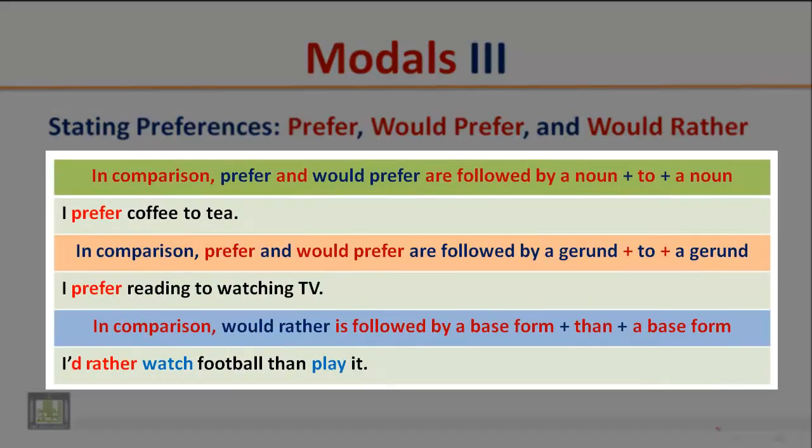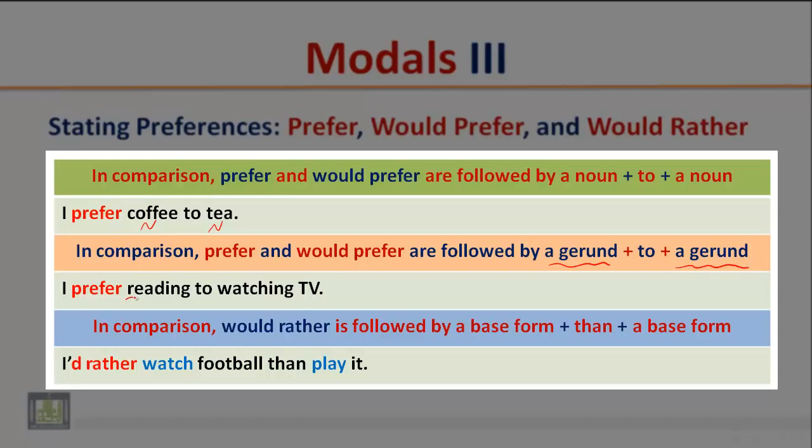In comparison, prefer and would prefer are followed by a noun plus to plus a noun. I prefer coffee to tea. Coffee is a noun and tea is a noun. Prefer and would prefer are also followed by a gerund plus to plus a gerund.